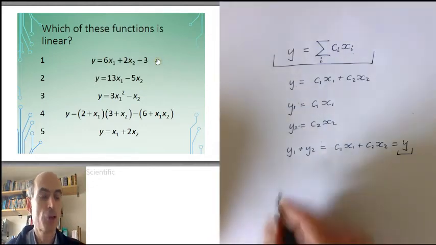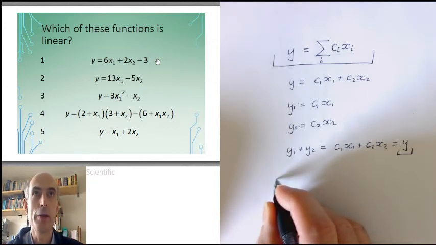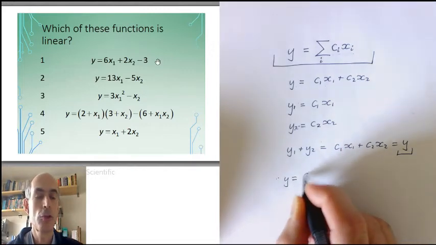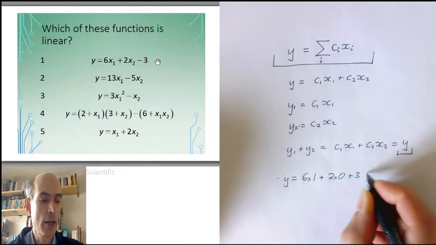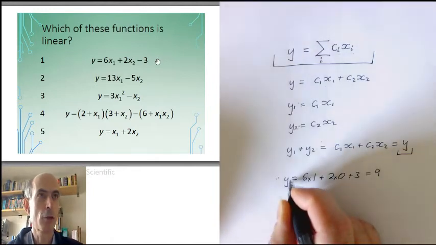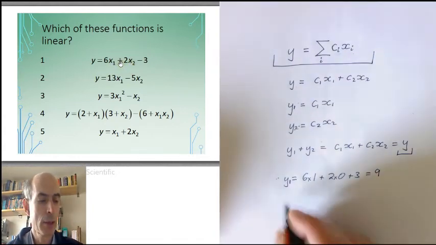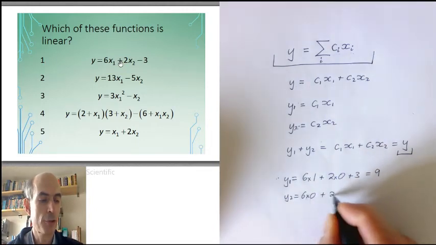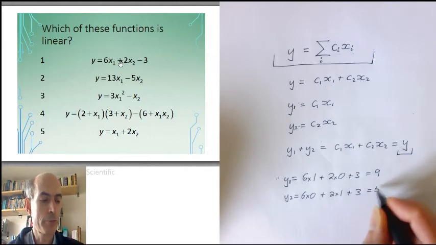For example, supposing I set x2 equal to 0 and x1 equal to 1, I would end up with y equals 6 times 1 plus 2 times 0 plus 3, which is 9. I'll call that y1. Supposing I set x1 to 0 and x2 to 1, I would end up with 6 times 0 plus 2 times 1 plus 3, that's 5.